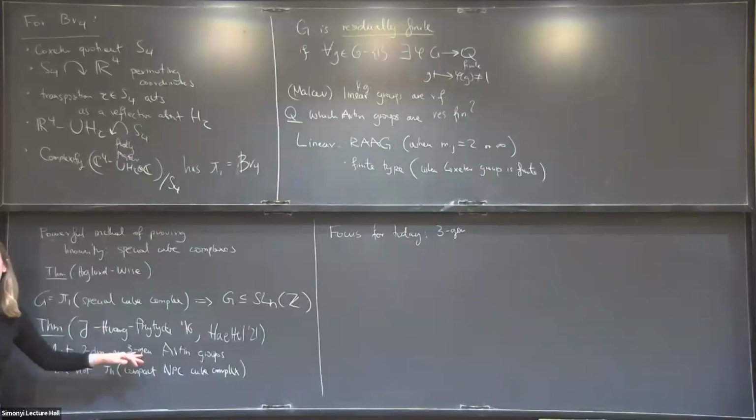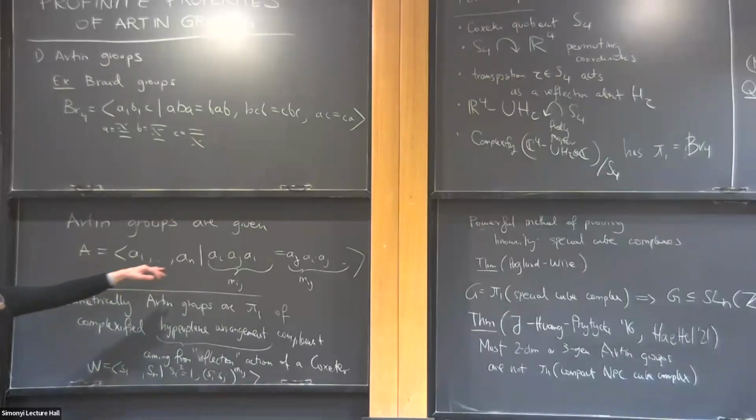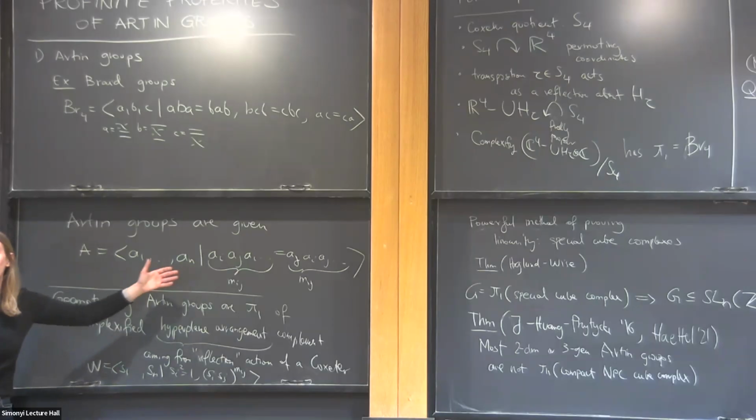And here again, almost all of them are not going to be fundamental groups of non-positively curved cube complexes. I think for three generators really the only example that is, is if you just take all the relations commuting and you get Z cubed, which obviously is.